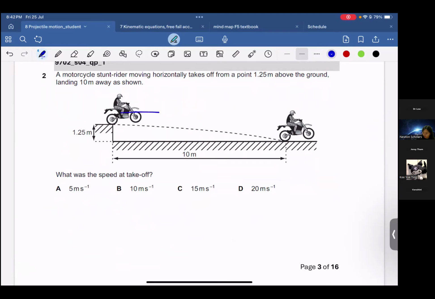That means they want to find this. This is horizontal.